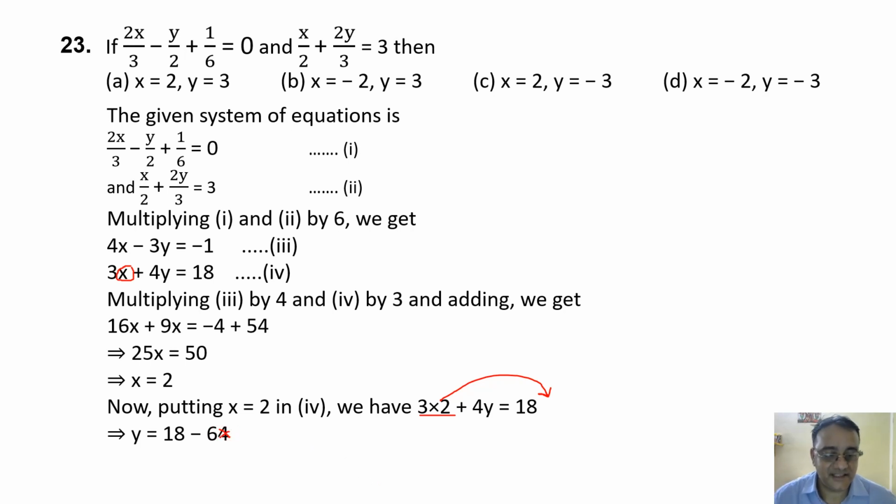So 18 minus 6 कितना होगा? एक मिनट मिस्टेक हो गया. 4y is equals to 18 minus 6, right? So 4y is equals to 18 minus 6, that is 12. तो इसकी जरूरत नहीं है, फिर इसको कट कर देते हैं, right? So y is equals to 3, right? So which option is the correct one?